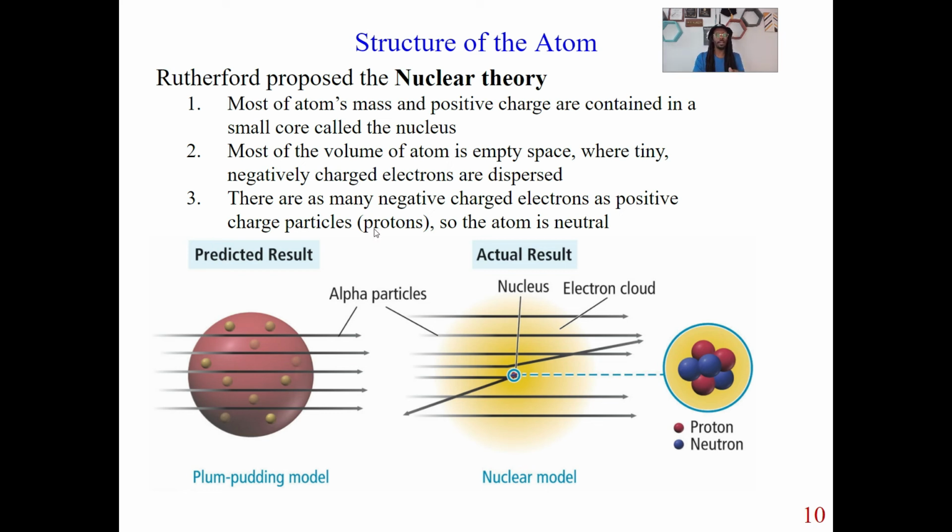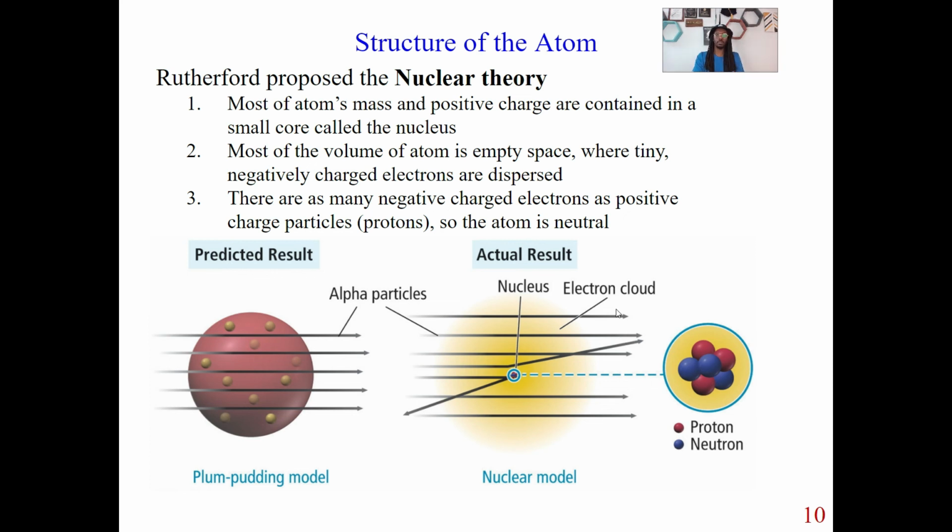Okay. Then the last thing here, there are as many negative charged electrons as positive charged protons. So because of this, he also said that the plum pudding, it was a great segue to this actual nuclear theory, but this is not a positive sphere, right? In fact, the atom is actually neutral.